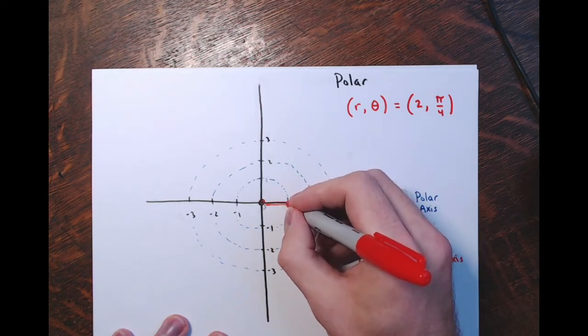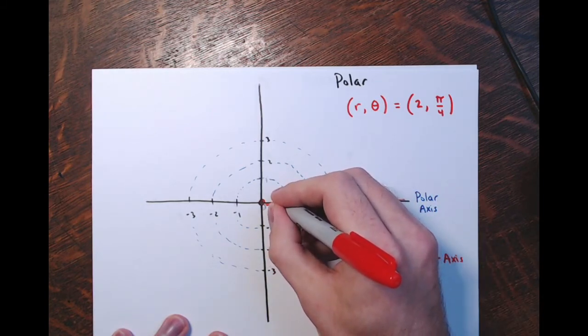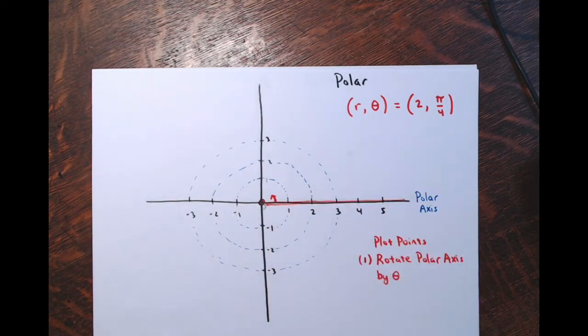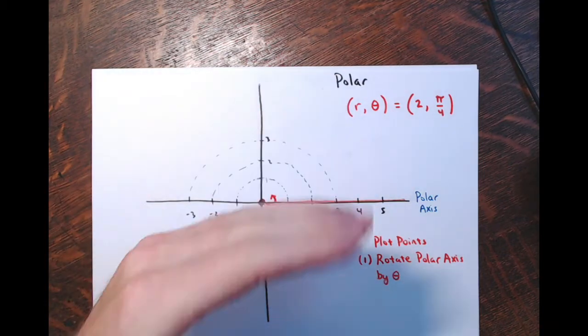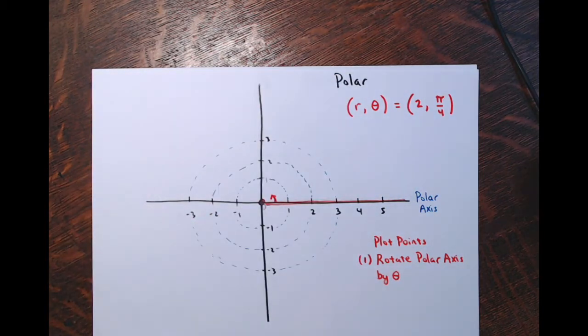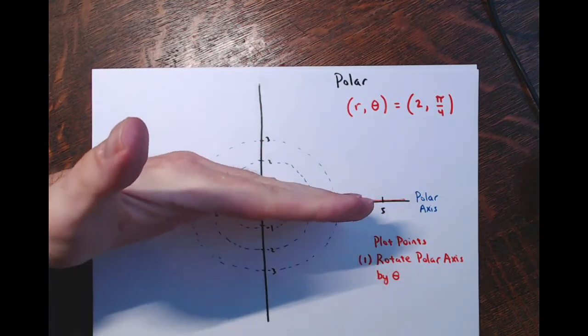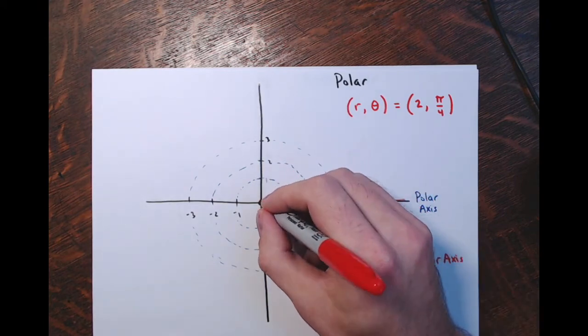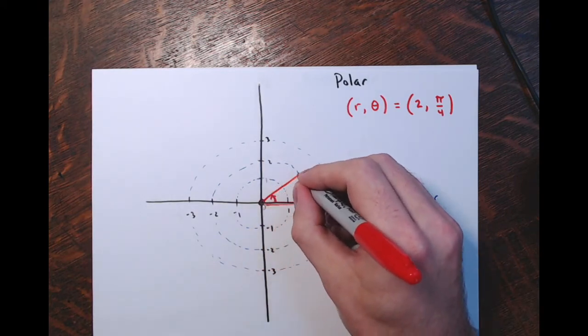Well, remember that was 45 degrees. So here's pi over 4 radians, and it's in the counterclockwise direction. Remember, positive angles were swept out in a counterclockwise direction. If you're ever given a negative value for theta, you'd sweep it out in a clockwise direction. So sweeping out a pi over 4 radian angle takes me here.